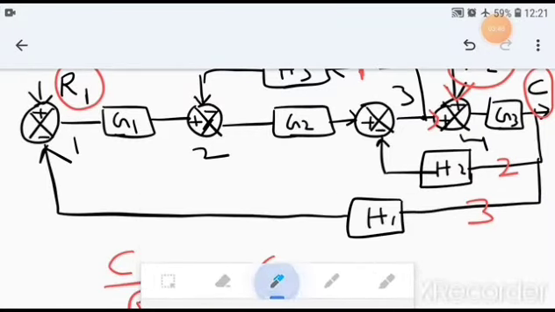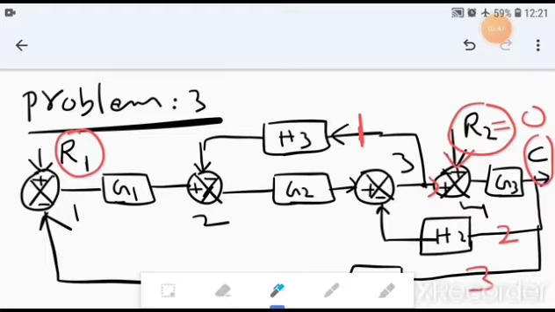Another modification we will make is, after summing point 4 vanishes, we shift this takeoff point, which I am darkening with the blue color, to the output. After the summing point has vanished, we will shift this takeoff point beyond G3.